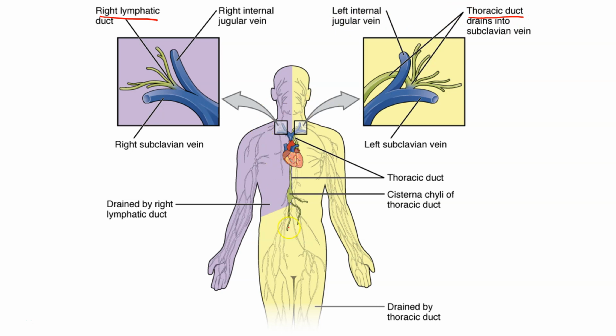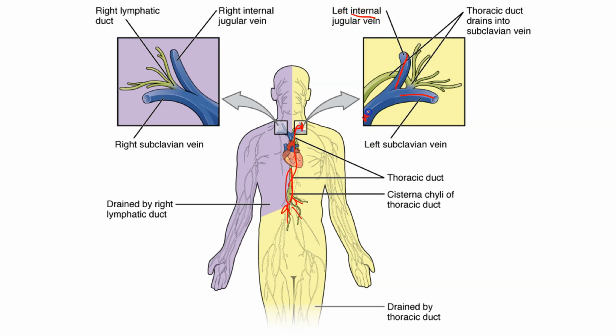The right lymphatic duct will collect all of the lymph that has been picked up in this quadrant of the body, and the thoracic duct will pick up lymph collected in the rest of the body. There's this bigger thoracic duct right here where a lot of it pools before it passes in. The point of insertion for these lymphatic vessels is right at the bifurcation of the internal jugular vein and the subclavian vein.